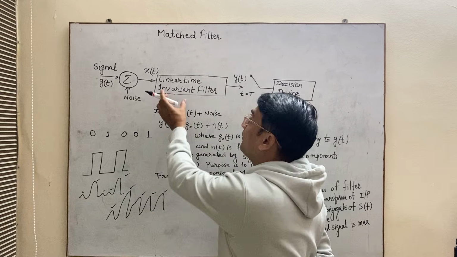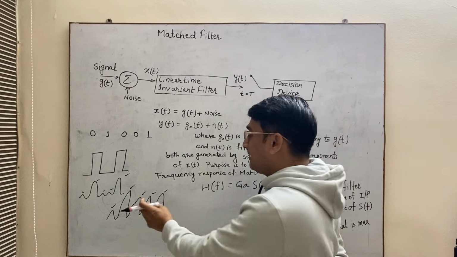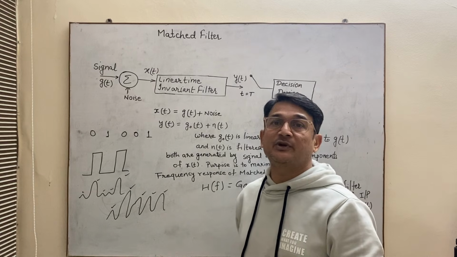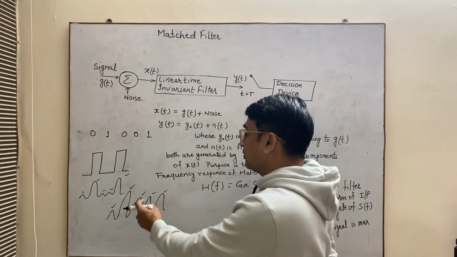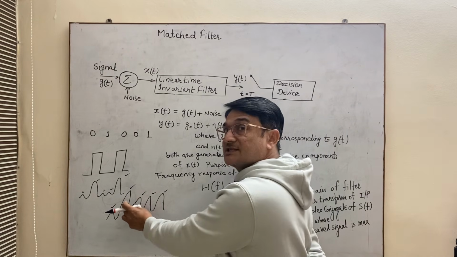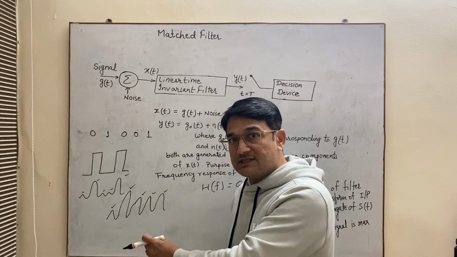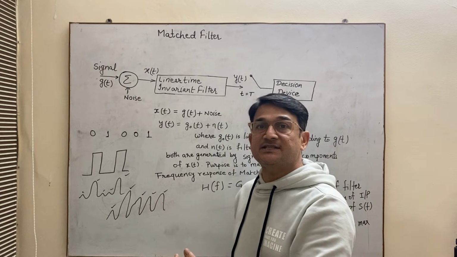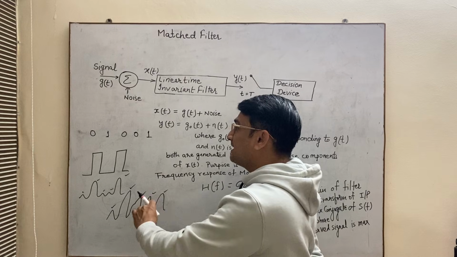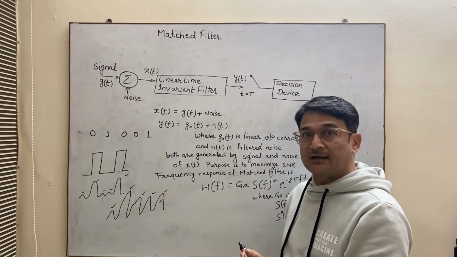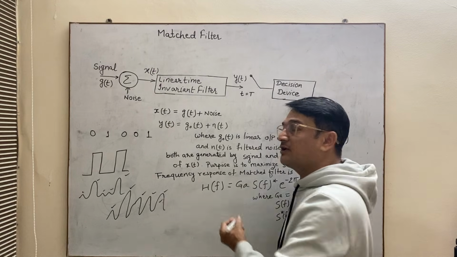So the matched filter increases the signal component and reduces the noise component simultaneously. If this particular signal is 0, that means some noise is added to this, so the noise signal will be suppressed. And if any signal like this is bit 1, this is a signal component, so the signal component will be enhanced.